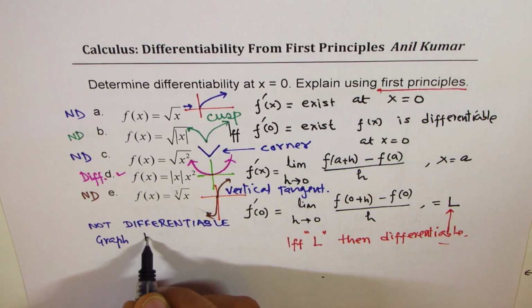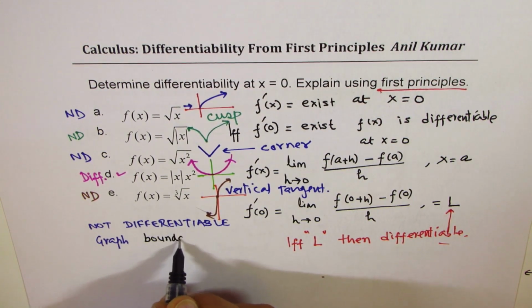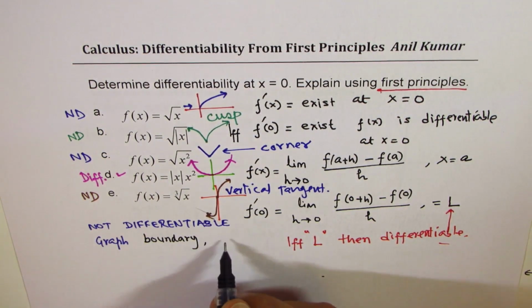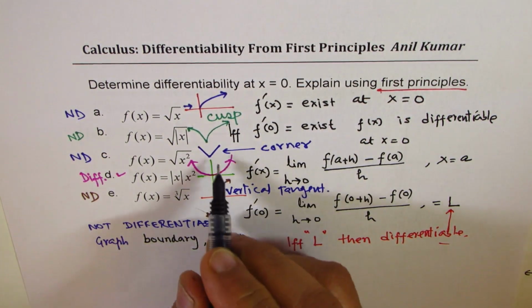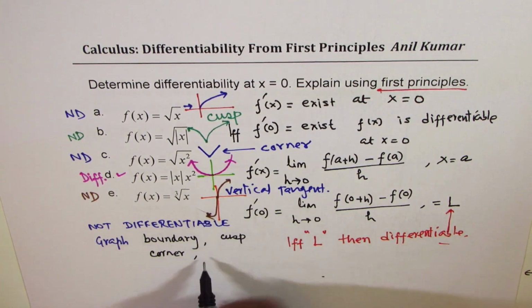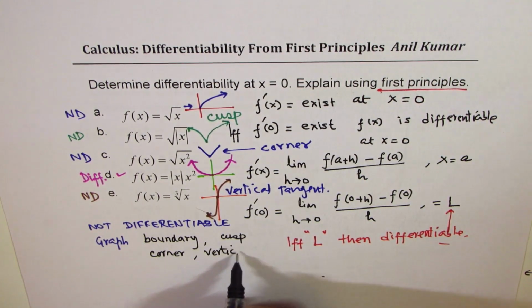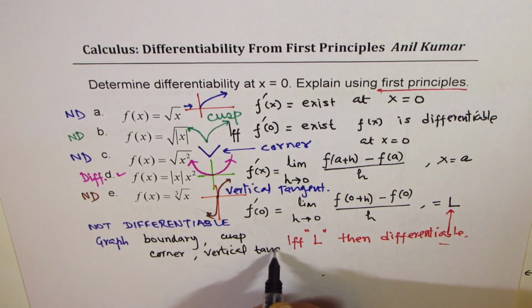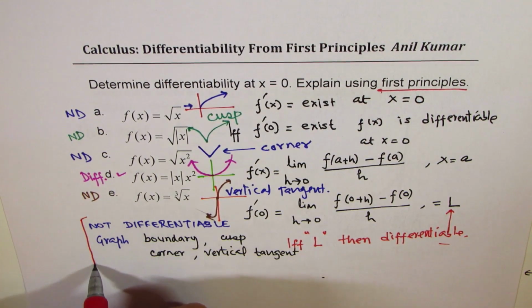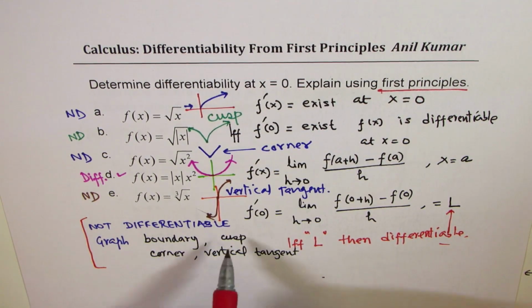So when you are at the boundary, that is the first case, right? In the second case, we saw it could be a cusp, and then we saw it could be a corner, or it could be a vertical tangent. Do you see that? So those could be the conditions for not being differentiable, even when the function is continuous.